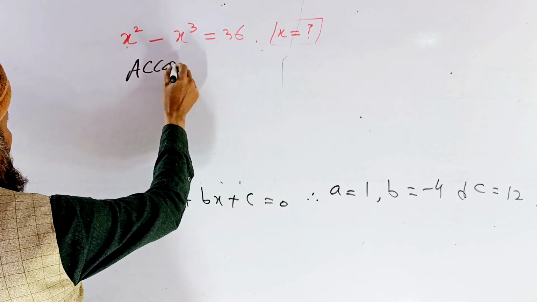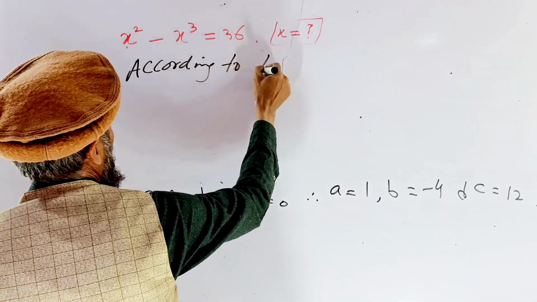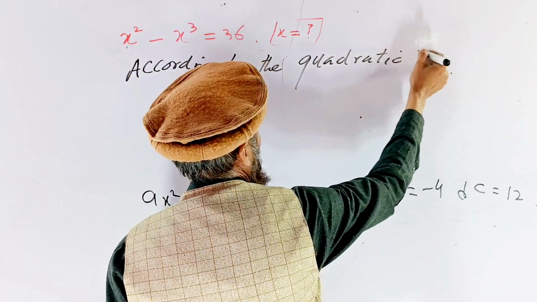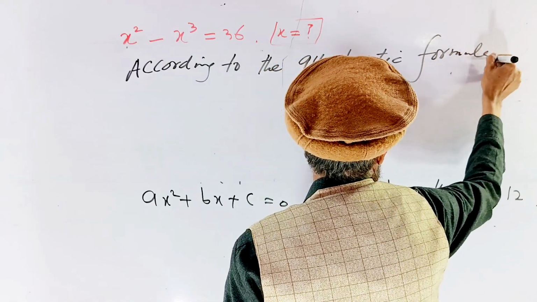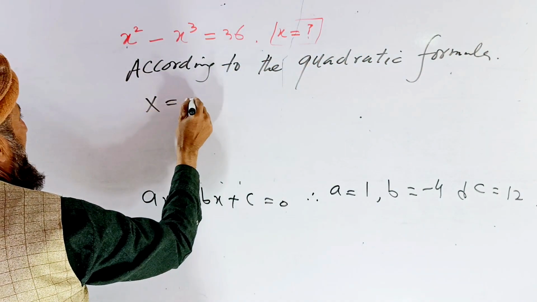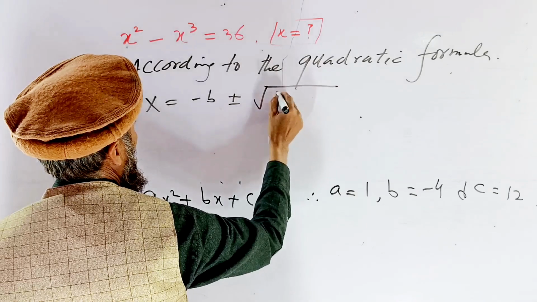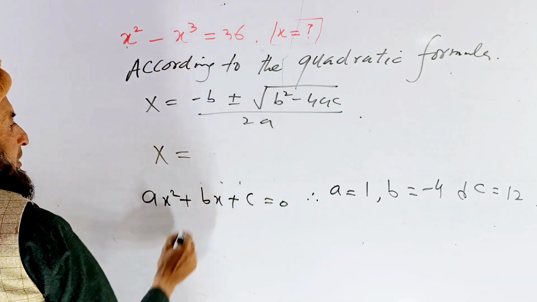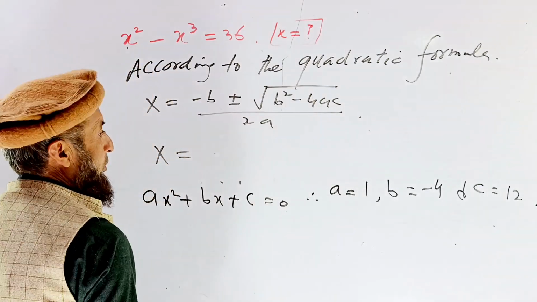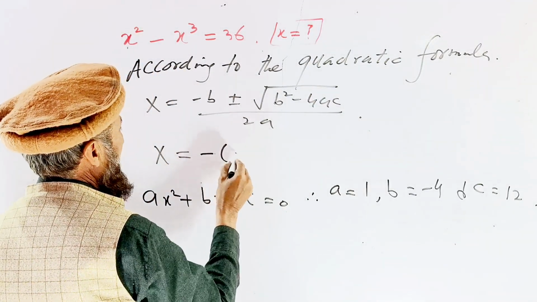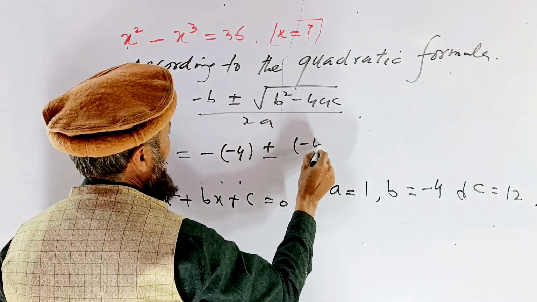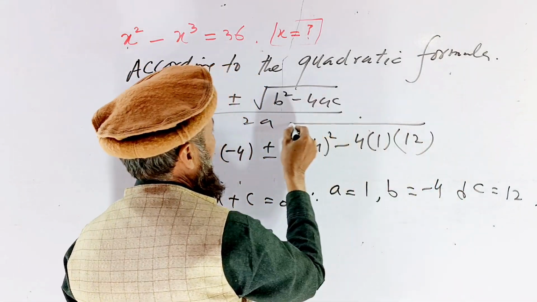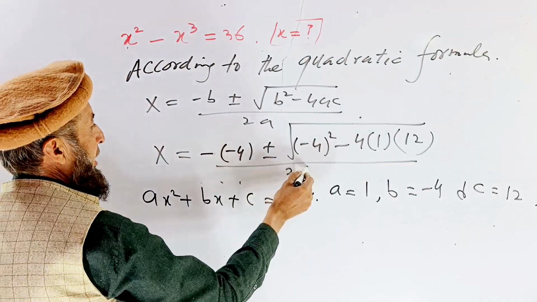According to the quadratic formula, that is x is equal to minus b plus minus the square root of b square minus 4ac divided by 2a. Here we substitute the values of a, b, c in the quadratic formula. Here minus b is minus minus 4, plus minus the square root of minus 4 square minus 4 into 1 into c is equal to 12, divided by 2a, 2 into 1.